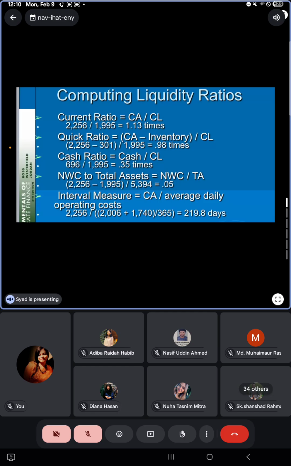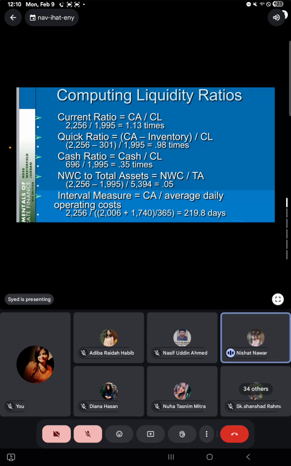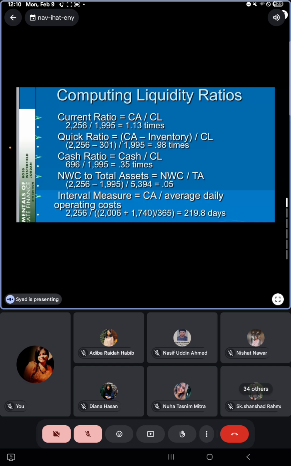Or you may also write in this way, to pay each $1 of current liability, the firm has 98 cents of current asset excluding inventory. So excluding inventory, there are 98 cents of current asset to pay each $1 of current liability. Okay. Yes, excluding inventory because you have deducted inventory from current asset.